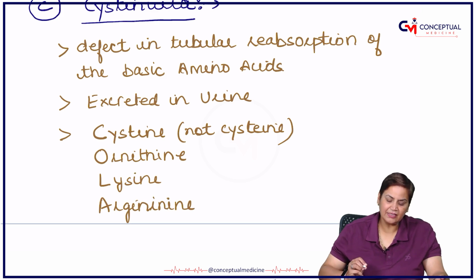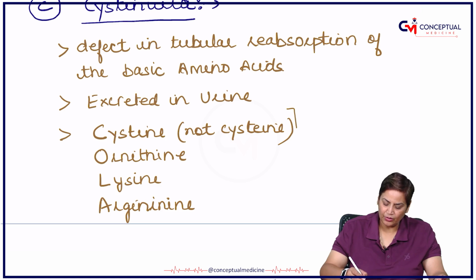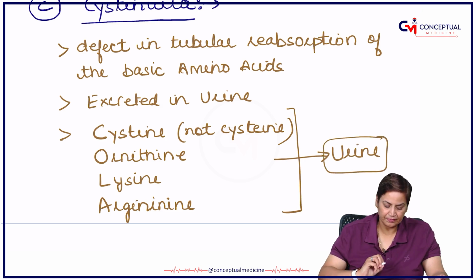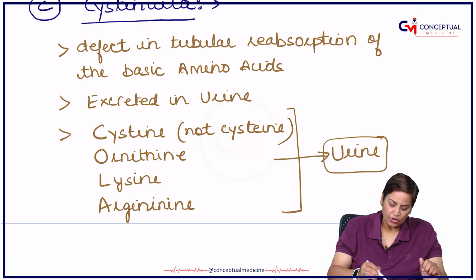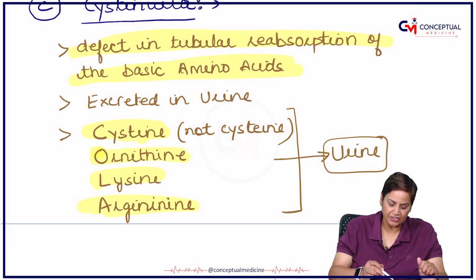Right. So I can say that COLA, these amino acids will be excreted in urine. So this is cystinuria. Okay. Defect in the tubular reabsorption of the basic amino acids cystine, ornithine, lysine and arginine.